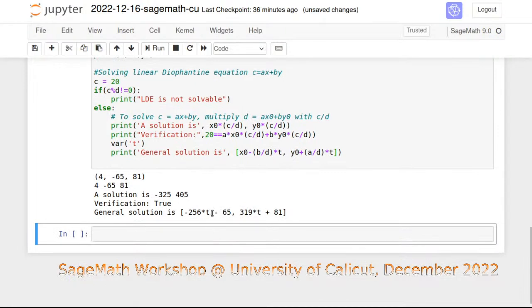So if you put different values for t, for example, if you put t is equal to 0, you will be getting minus 65 and 81.